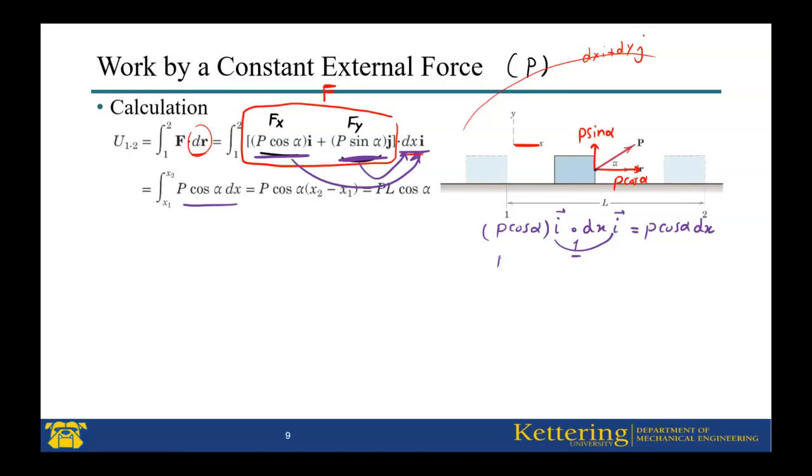For the second term, P sine alpha j dot dx i, because j dot i is 0, this will be 0.